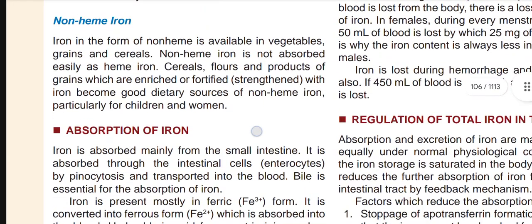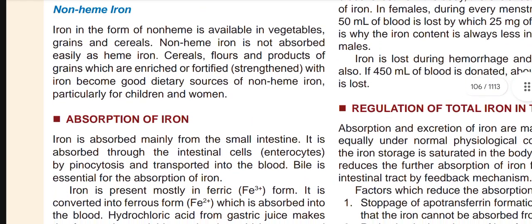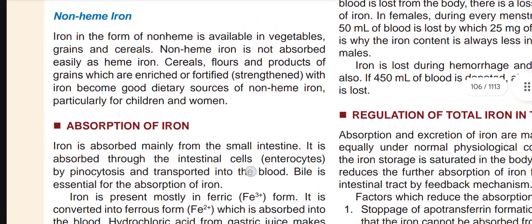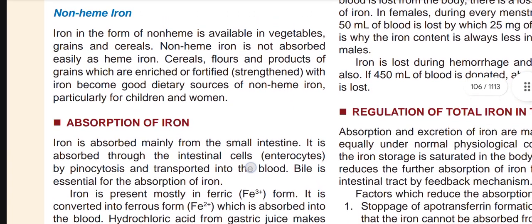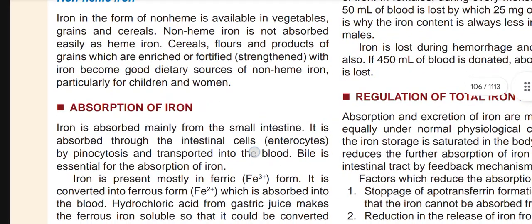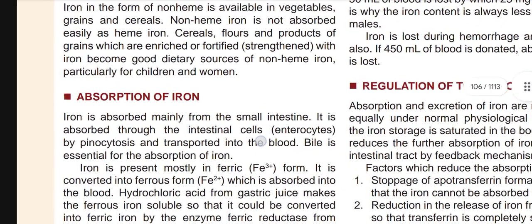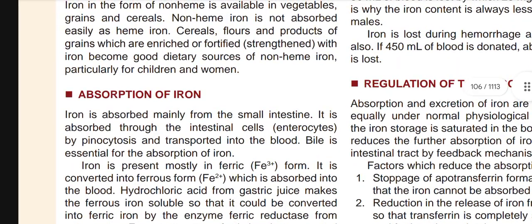Non-heme iron is available in vegetables, grains and cereals, and non-heme iron is not absorbed as easily as heme iron. Then cereals, flours, and products of grains which are enriched or fortified with iron become good dietary sources of non-heme iron, particularly for children and women.